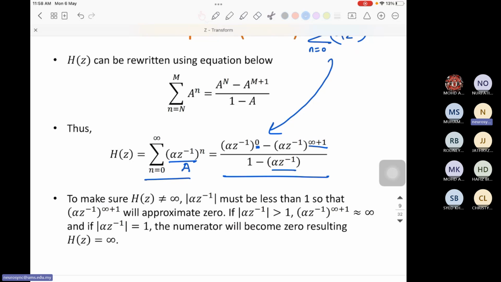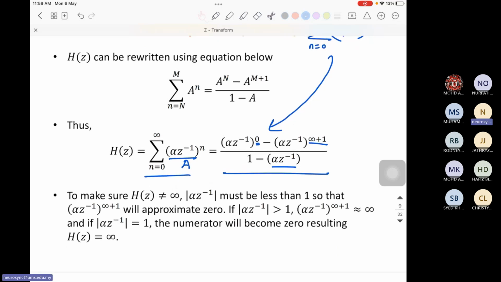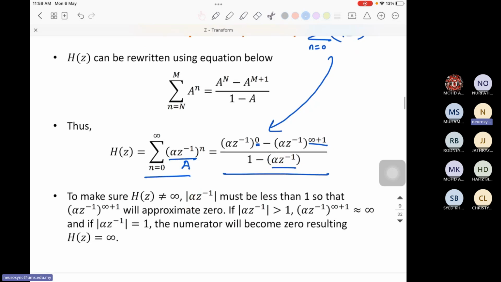That means the magnitude of the term alpha z to the power minus 1 must be less than 1.